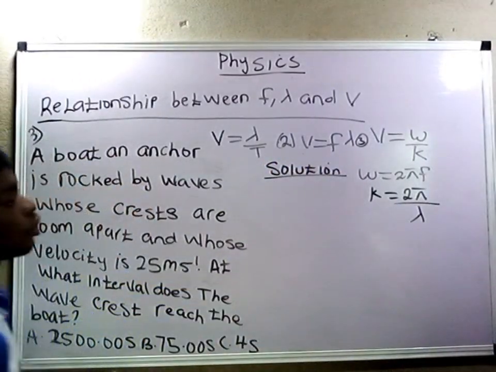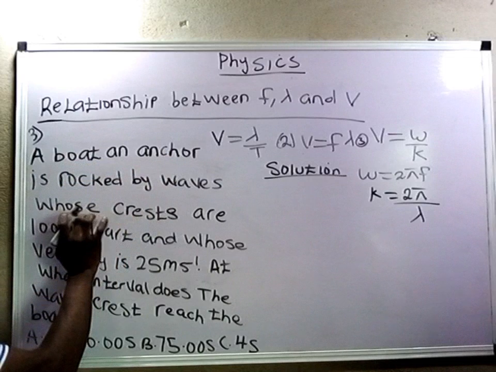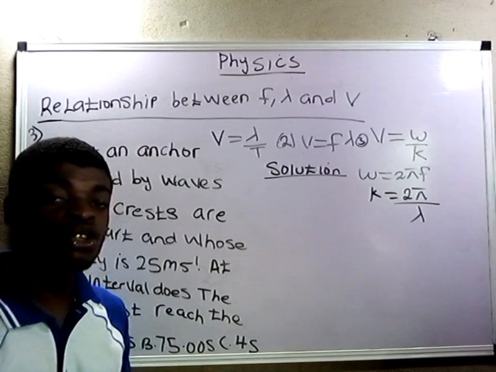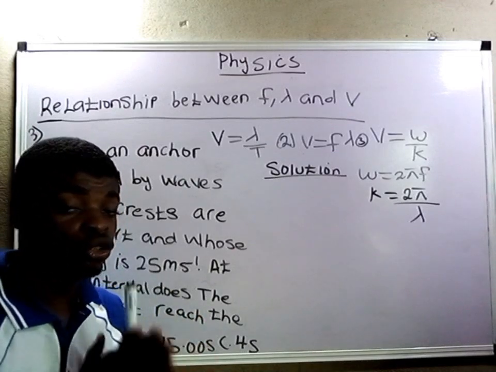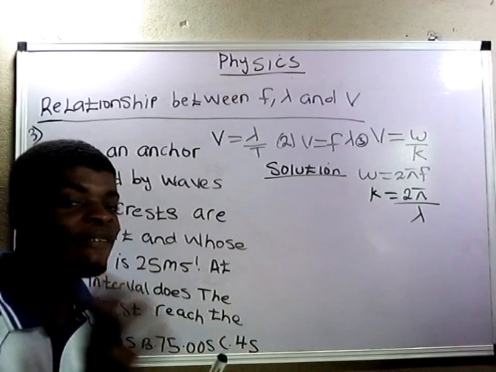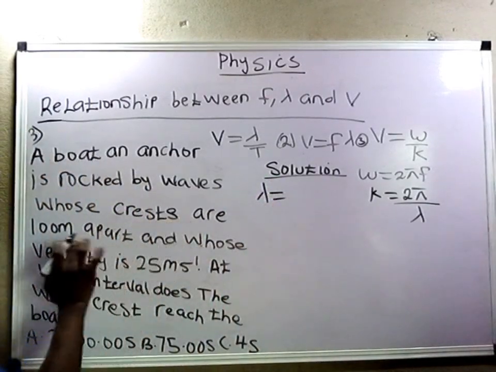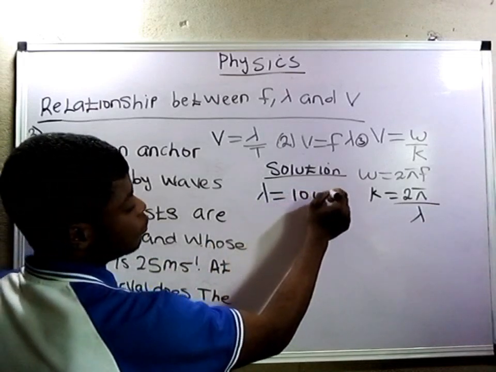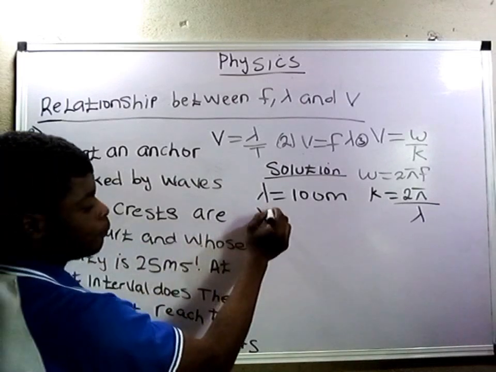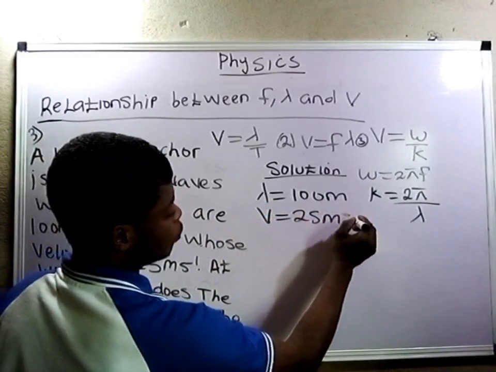We are given that a boat at anchor is rocked by waves whose crests are 100 meters apart. I said that when you get two successive or adjacent crests or troughs, the value being given there means your wavelength. That means your wavelength is 100 meters, and whose velocity, your v, which is your speed, is 25 meters per second.